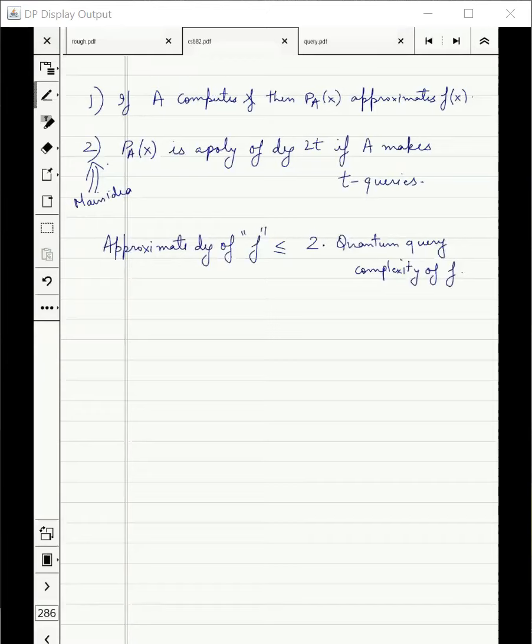If I have an algorithm, let's say A, which computes F with 10 queries, that means there is a polynomial P which approximates F and has degree at most 20. 20, right?